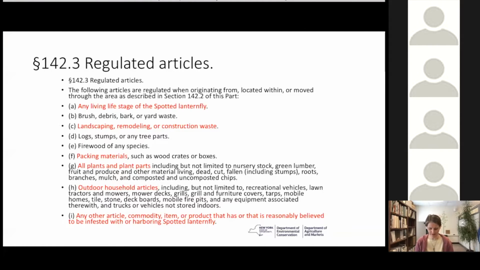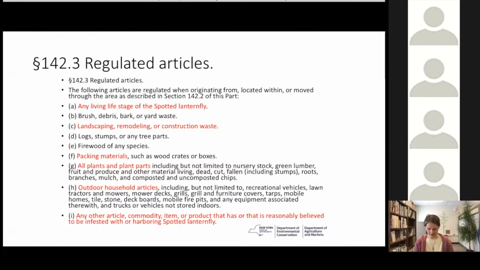And so I mentioned earlier, we identify what we consider regulated articles, and this is directly out of Part 142, out of the regulation here. And I've highlighted a couple things that are important to note. The first one, obviously, is spotted lanternfly itself. Spotted lanternfly in all of its life stages is a regulated article.